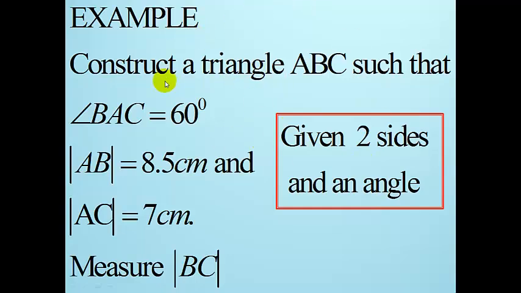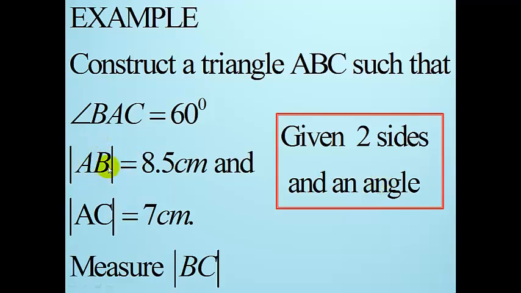Now example, construct a triangle ABC such that angle BAC equals 60 degrees. Length AB equals 8.5 centimeters and length AC equals 7 centimeters. Measure the distance BC. Now with this question, we can see that we are given two sides and an angle.